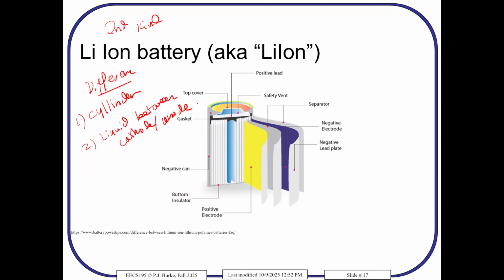Other than that, you're still using lithium as the shuttle of charge from cathode to anode. And usually the materials are similar for the cathode and the anode. So that's lithium-ion battery. So you have LiPo, and sometimes they call it Li-ion, okay? These are the short versions for it. One is square, one cylinder, one has a gel, one has liquid.